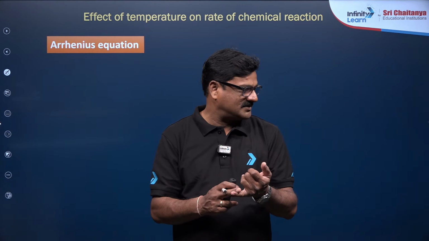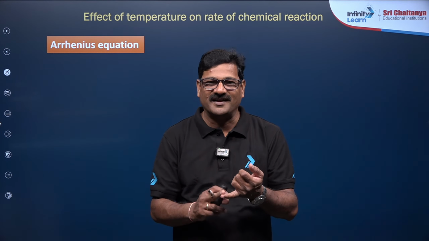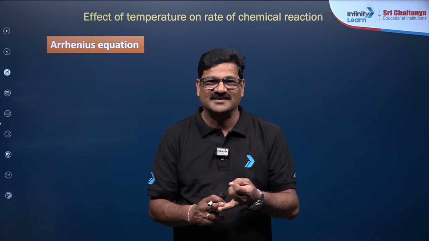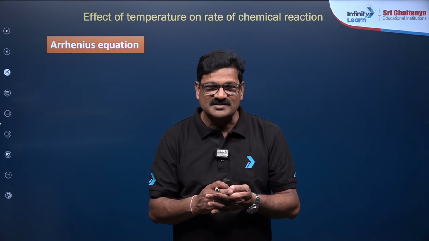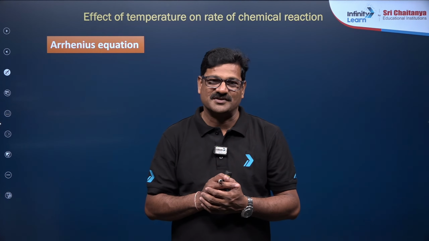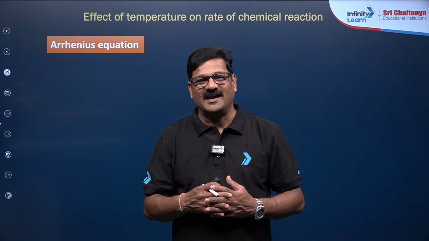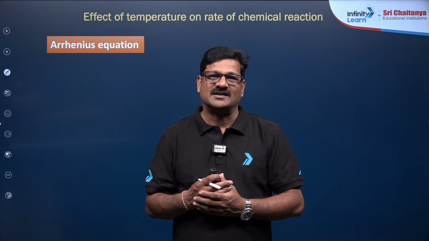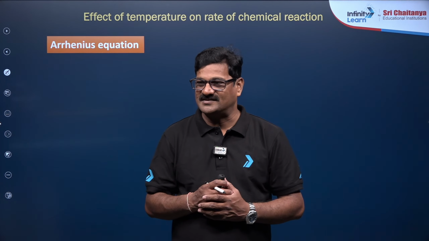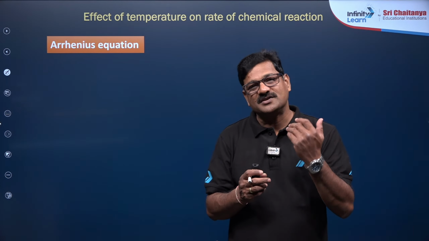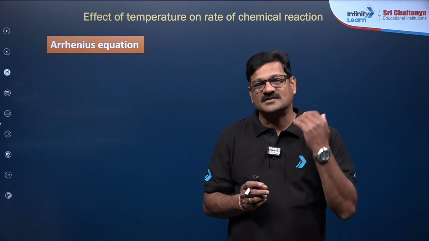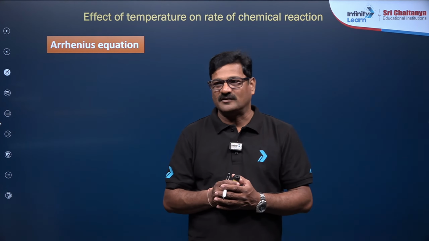Nature of reactant, catalyst, order, concentration, and the last one is temperature. In most cases, as the temperature increases, the rate of a reaction increases. And how much is the temperature increased, and what is the increase in the rate of a reaction?